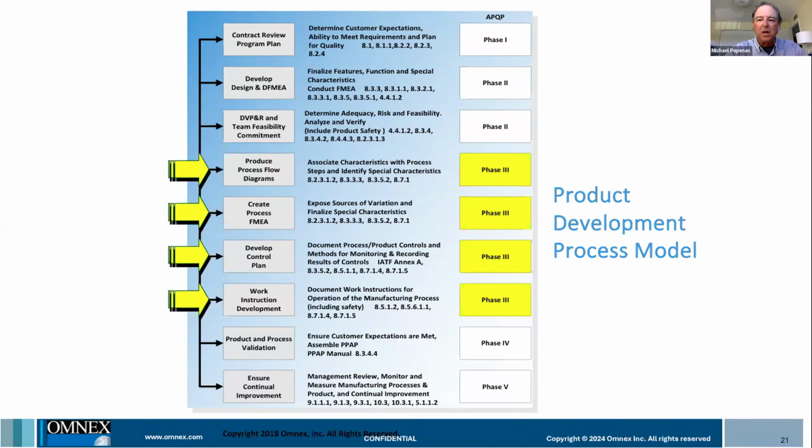So when we look at the APQP phases and the specific deliverables that occur along the way, we're really talking about looking here. There's our opportunity. We talk about developing process flow diagrams based on designs, process FMEAs, control plans, work instructions. That's where all the control really starts to manifest itself.